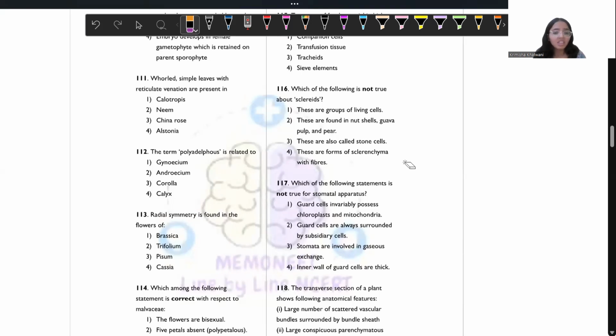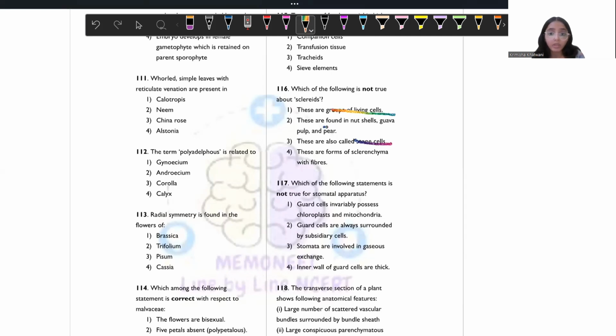Now, one thing I want to tell you, sclereids are not living cells. It's very important. They are not living cells. So option number 1, without a doubt, is an incorrect option. They are not called stone cells, so this is also wrong.